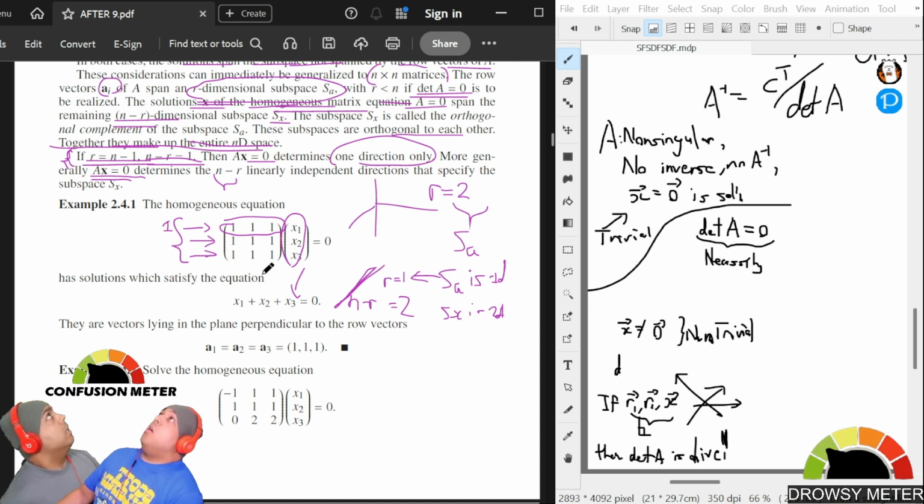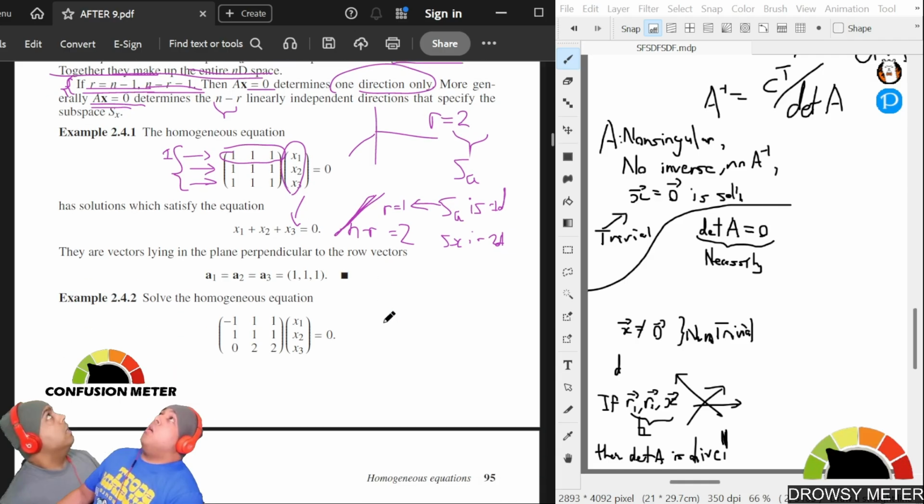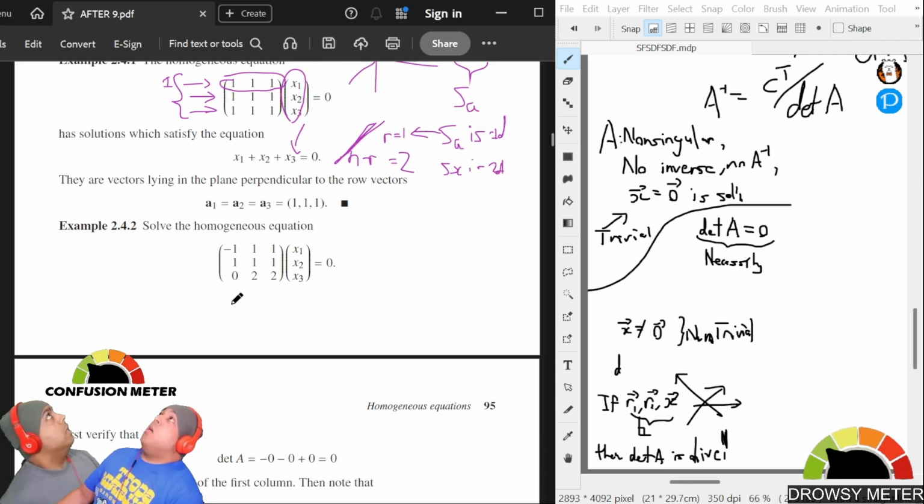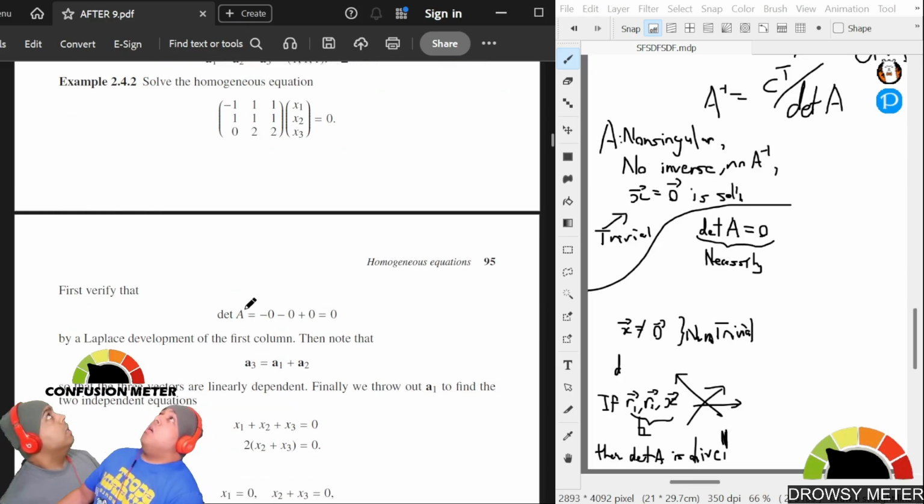Has solutions satisfying this? They are vectors lying in the plane perpendicular to the row vectors. Yeah. Solve this. Okay. First we have to check what's going on with the determinant.